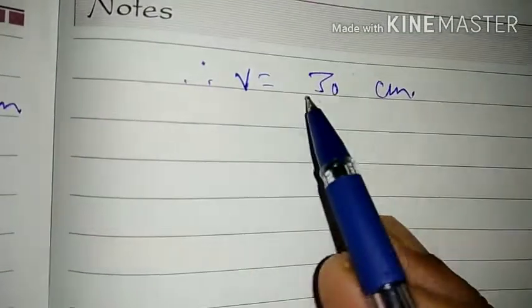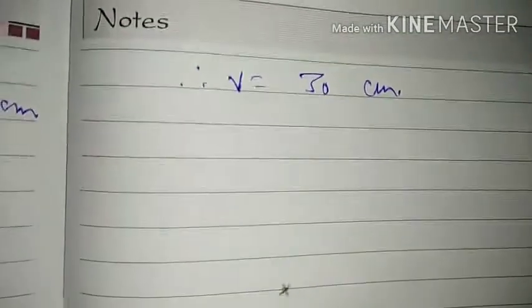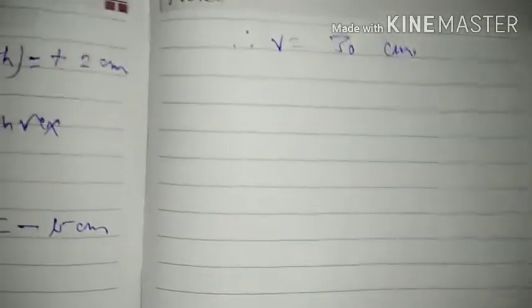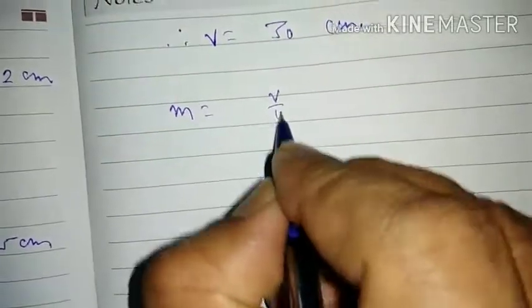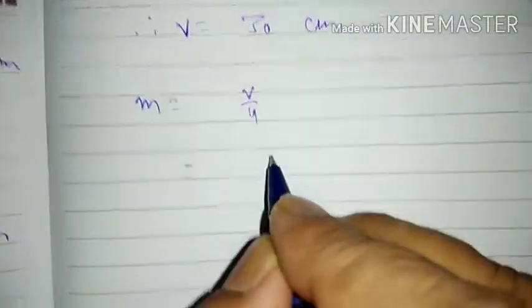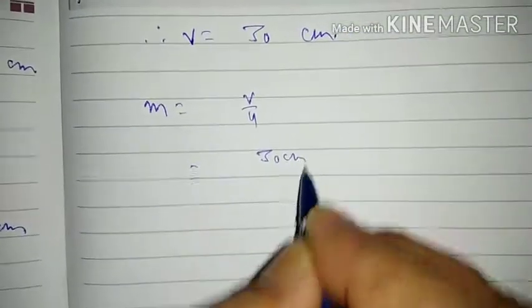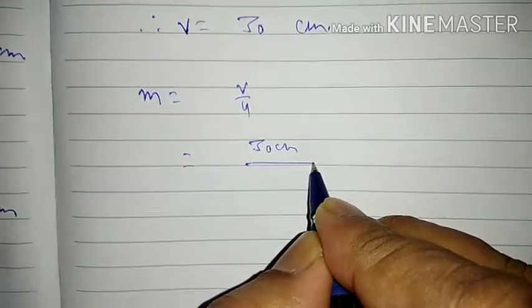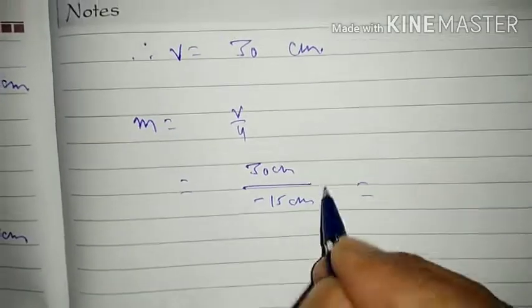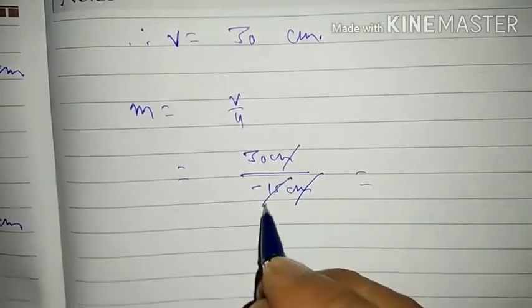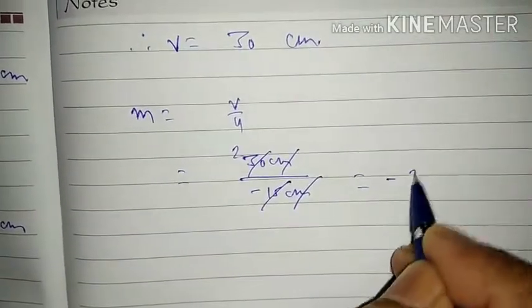The positive sign of v indicates that the image forms on the right side of optical center. And now we have to calculate magnification. So magnification is equal to v by u. This is equal to 30 centimeter divided by minus 15 centimeter, which is equal to minus 2.